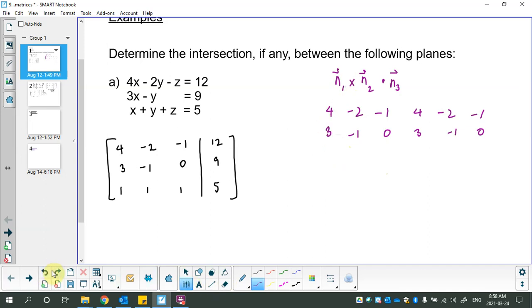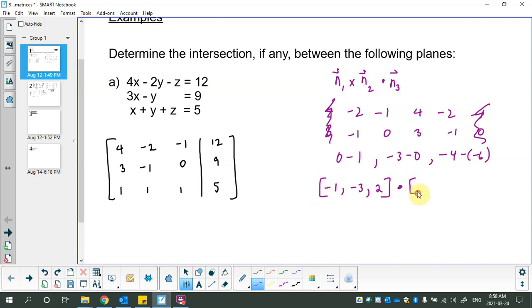If you used n3 cross n2, it's not going to make one bit of difference, as long as you use n1 back here. So get rid of this. So -2 times 0 is 0, minus +1. -3 minus 0, -4 minus -6. So that's -1, -3, 2 is the result of the cross.